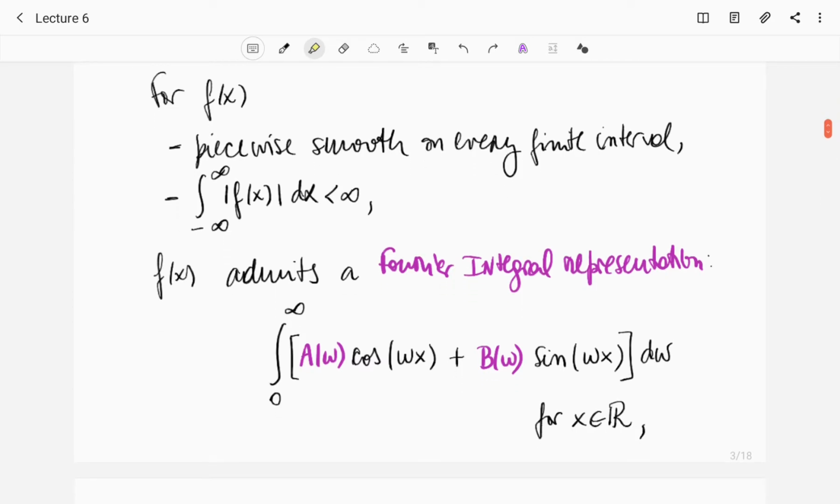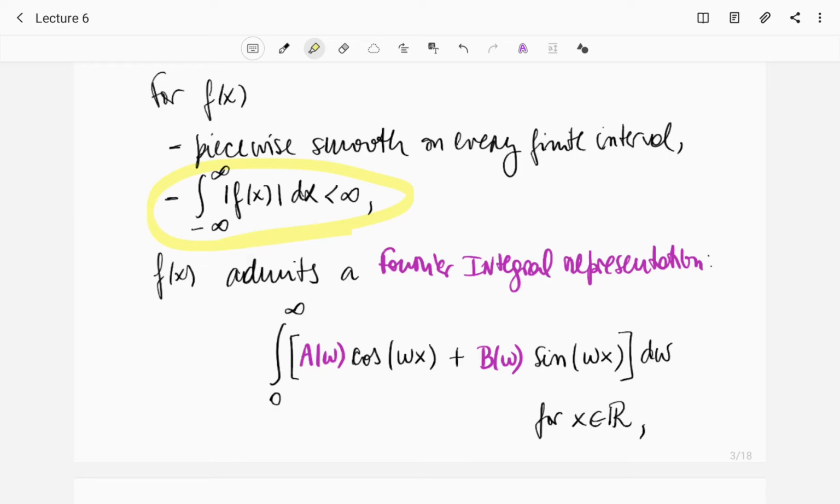So for f piecewise smooth on every finite interval and verifying this condition, again, don't worry about these assumptions. During the course, we are going to work always with this type of functions. You don't have to check if the function verifies this, but it's good to know that there are some assumptions.